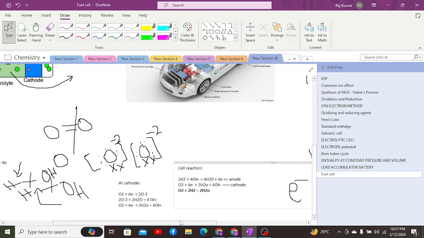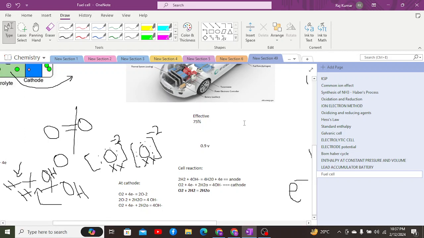One more thing, the electrical energy given would be 0.9 volt from a single cell, and it is also a very effective cell, which means 75% of the bond energy of the molecules is converted into electrical energy, which is a very high ratio.